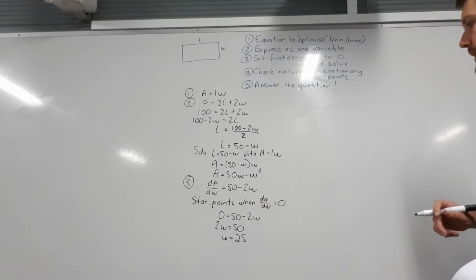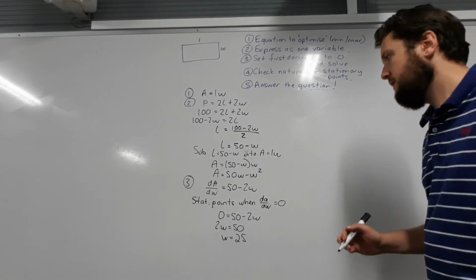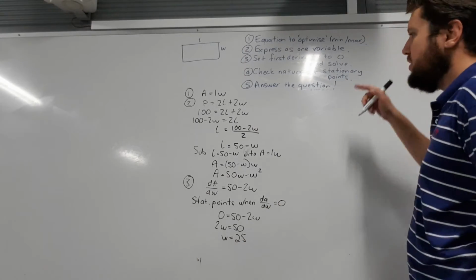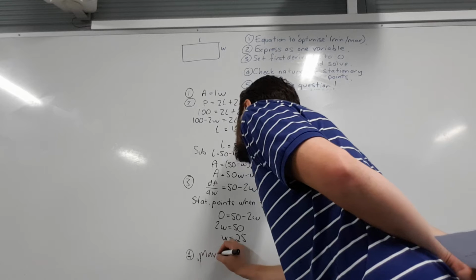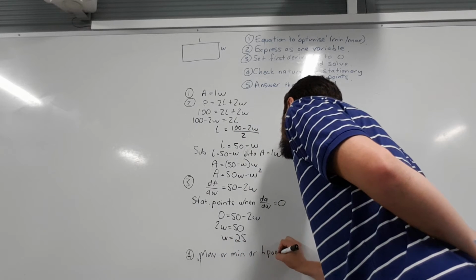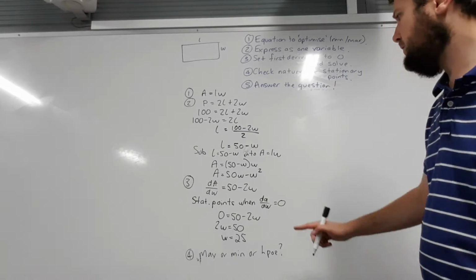Now, from there, if I have the width, I have an expression that tells me the length. But first we'll check the nature. Is this a maximum or minimum, or a horizontal point of inflection, for that matter? All right, quickest way to do it with one like this is probably to do the second derivative.